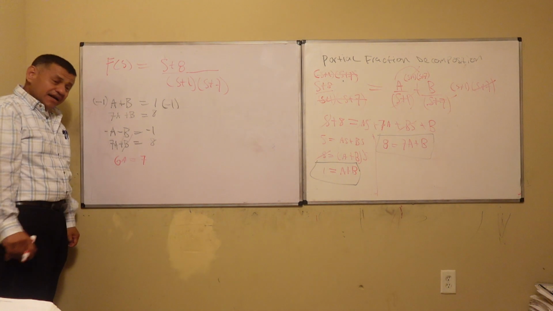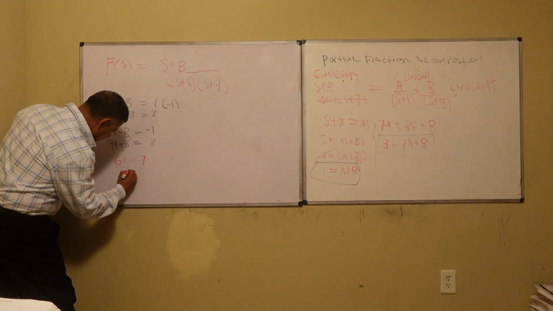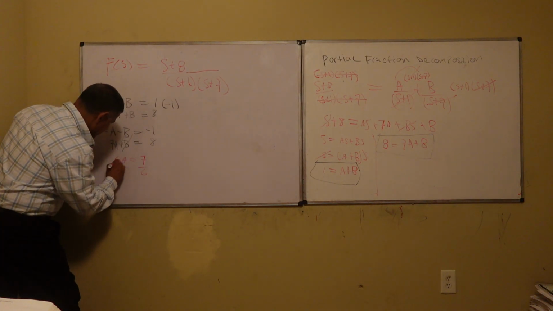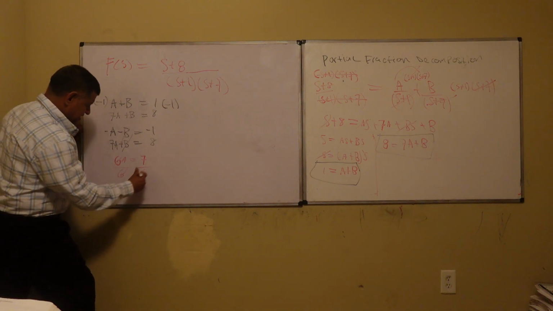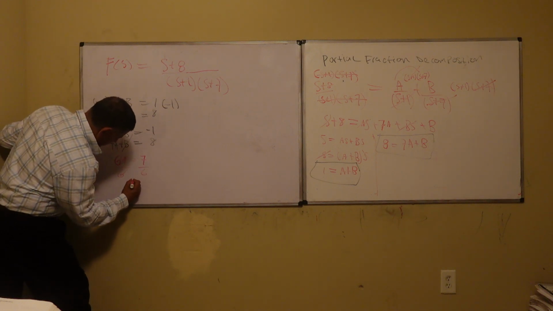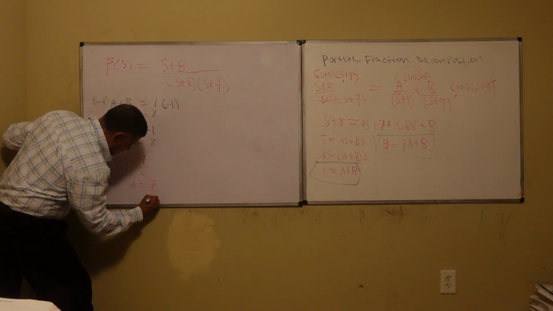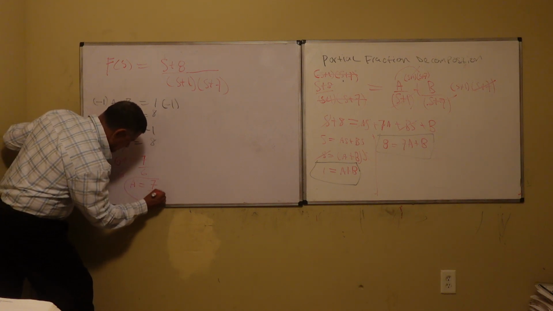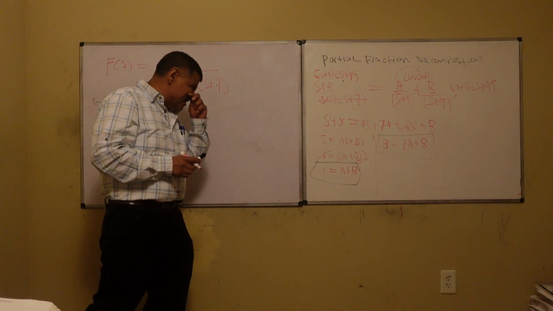Now I am done, pretty much. So divide by 6. Guess what? A is equal to 7 over 6. Okay, so I got the first one.